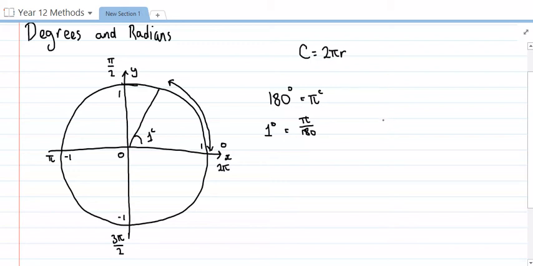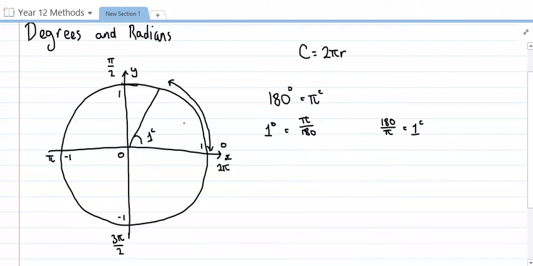So on the left hand side, we'd have 180 over pi. And again, that's not going to simplify, but on the right hand side, pi divided by pi is just 1, and that was measured in radians. So these are the 2 equations that we have for converting between the units.